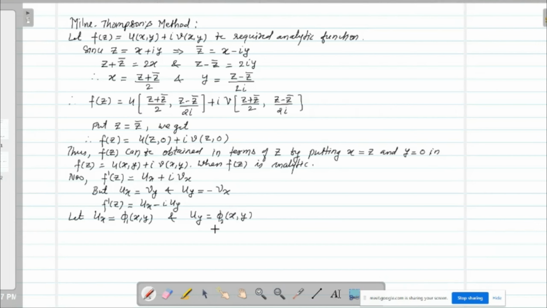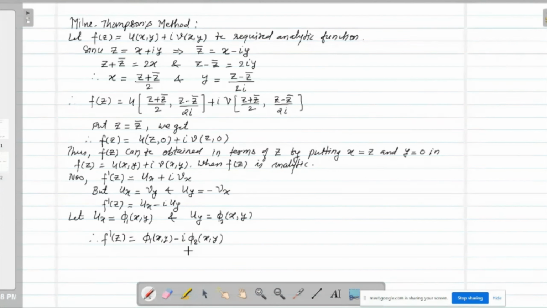Just replace this in the function. Therefore we have f dash of z is equal to phi 1 of x comma y minus i times phi 2 of x comma y.